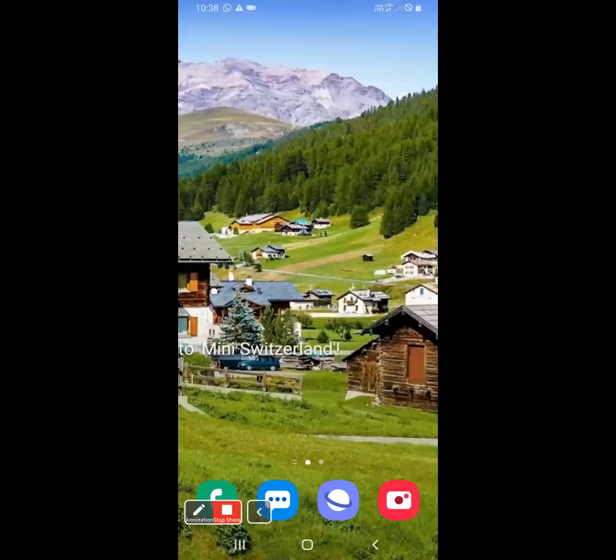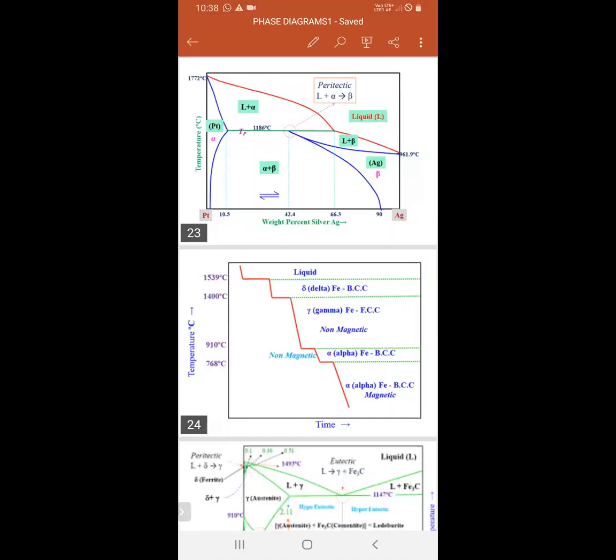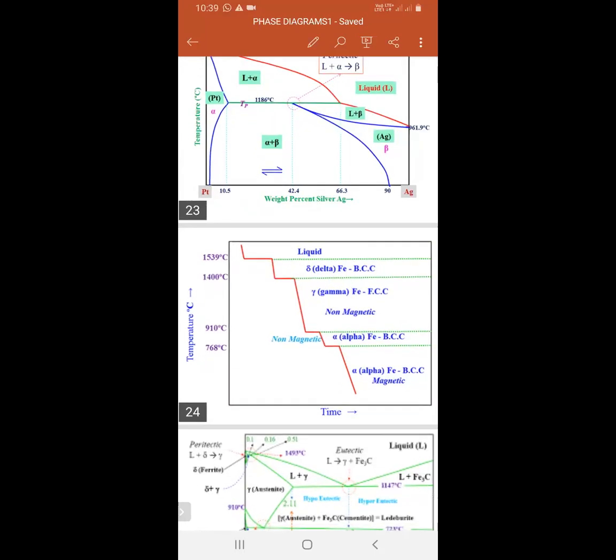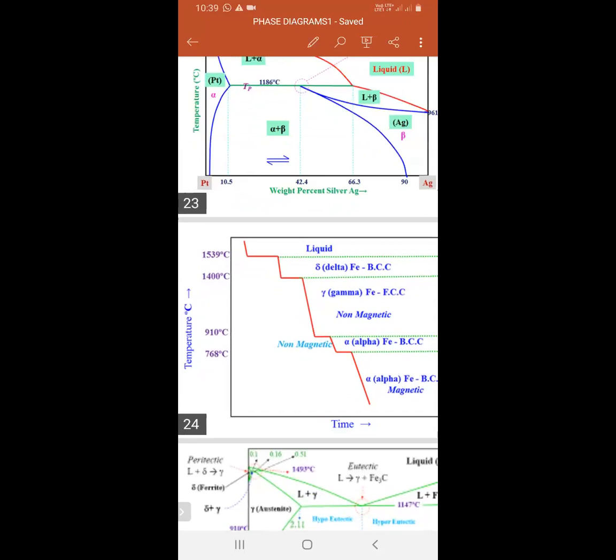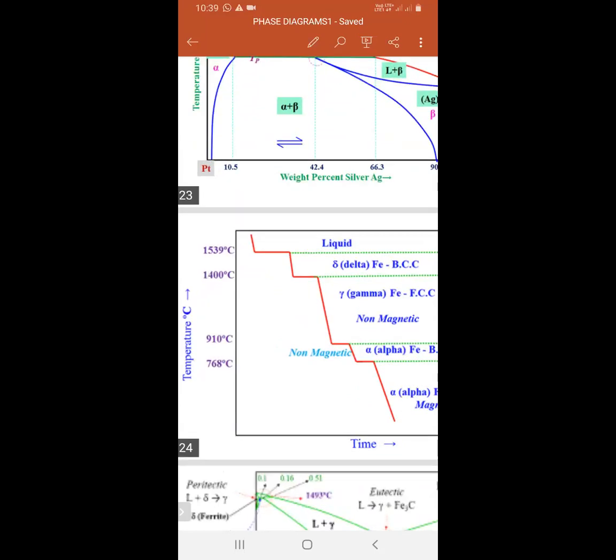This is very interesting. We take the iron first. When you heat that iron above the melting point temperature, 1539, the total iron is in liquid form.